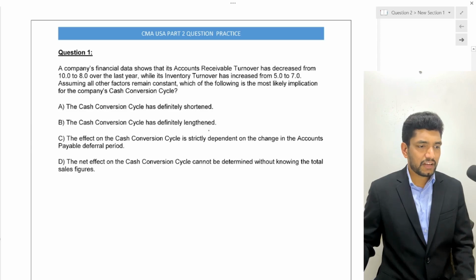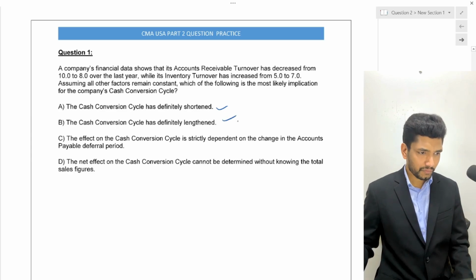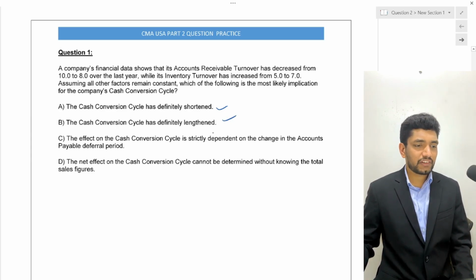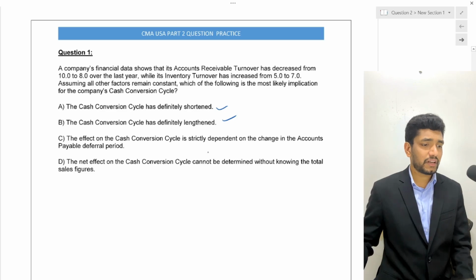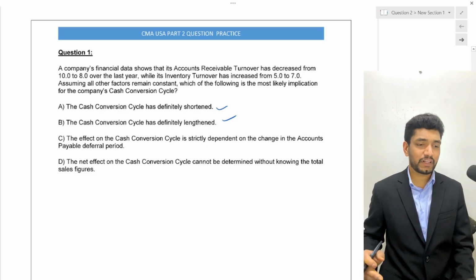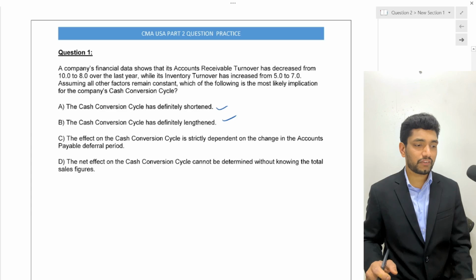The first option, the cash conversion cycle has definitely shortened. Cash conversion cycle has definitely lengthened. The effect on the cash conversion cycle is strictly dependent on the changes in the accounts payable deferral period. The net effect on the cash conversion cycle cannot be determined without knowing the total sales figure.